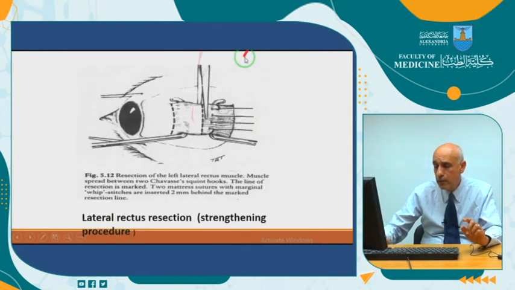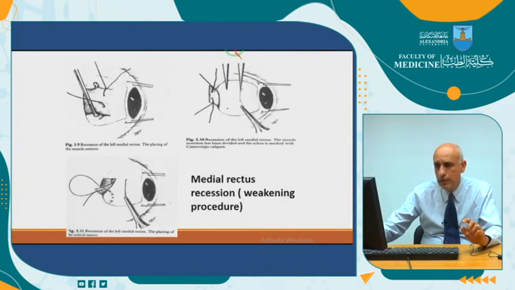This is the principle of the weakening procedure. In the weakening procedure, like in this slide, you identify the muscle, you make a new insertion by means of nylon, a special type of suture and filaments.